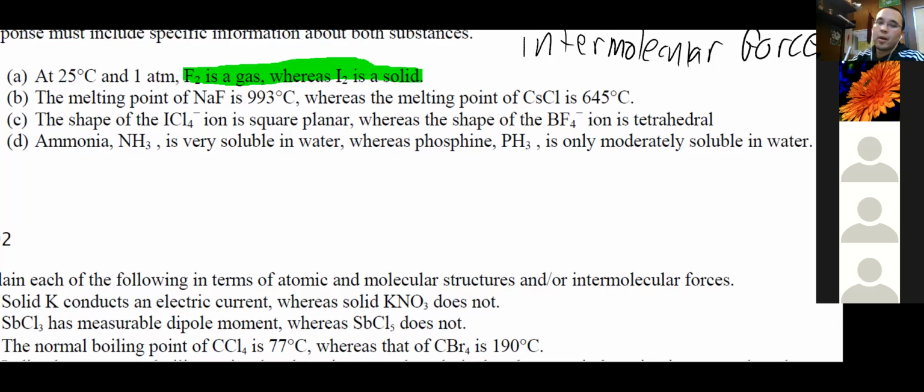So when you look at these, what kind of bond connects sodium and fluorine together? Ionic, right? And so when we're talking about the intermolecular forces, if it's an ionic bond that connects them together, it's not going to be dipole-dipole, hydrogen bonds, or London forces. What holds that solid together?